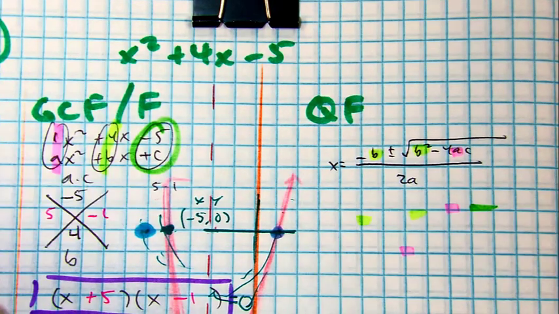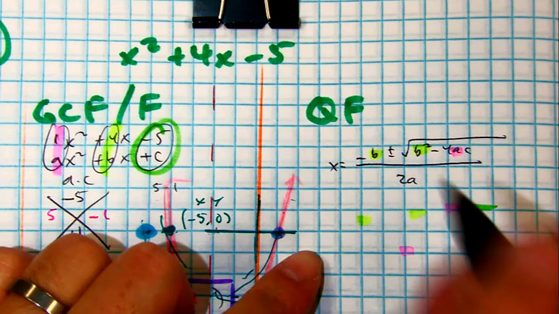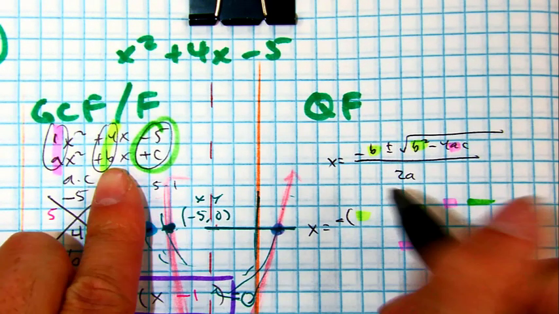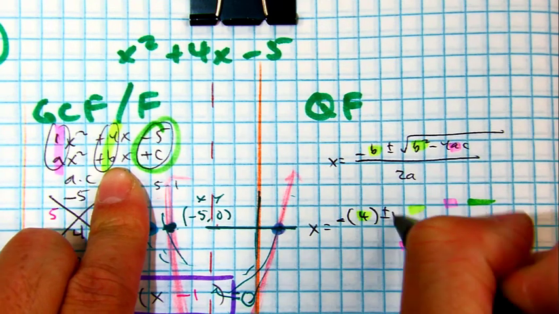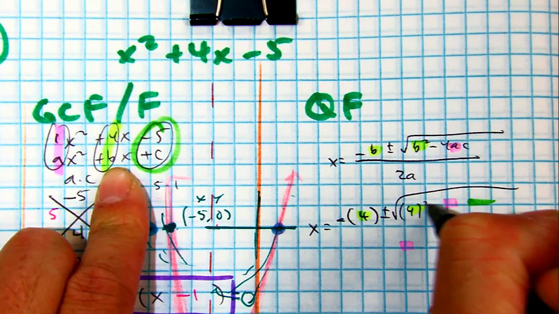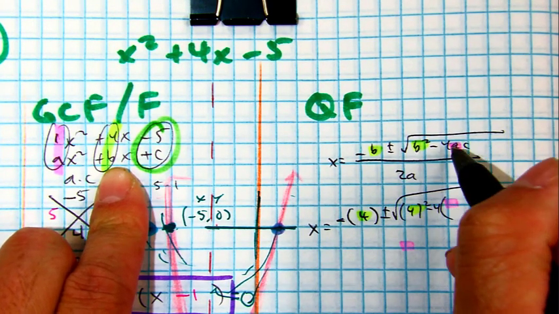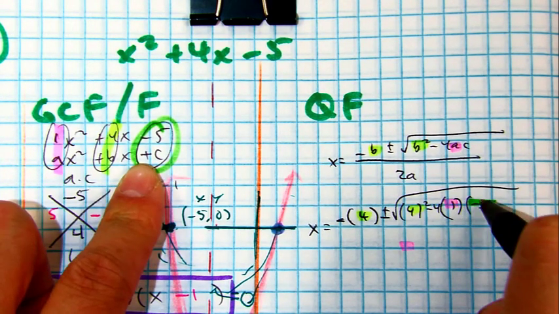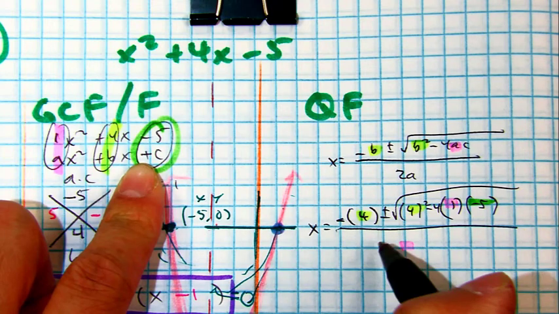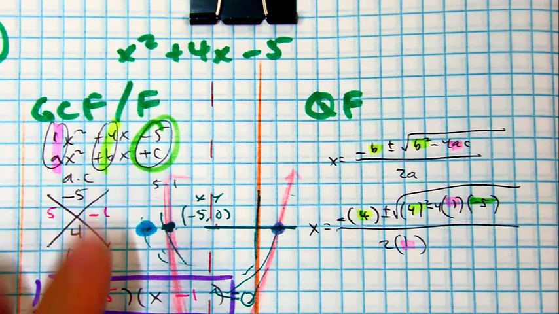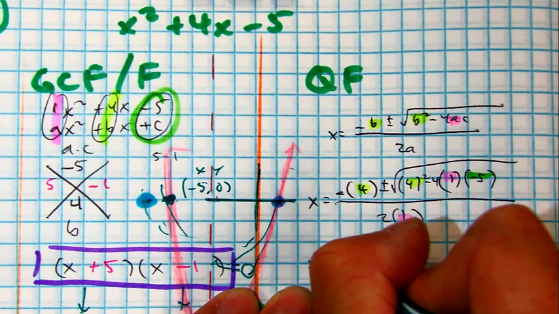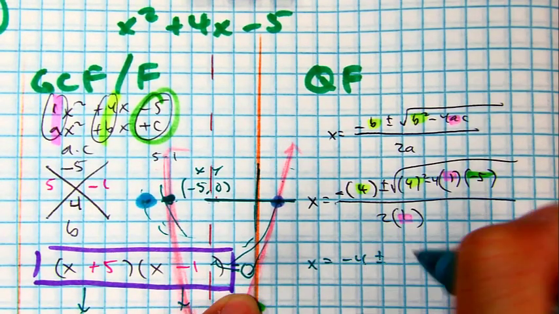Now, as I do my substitutions, which I'm doing in this step, I'm going to put them in parentheses. So a negative sign, my b value is 4. 4 squared minus 4 times my a value, which is 1, c value, which is negative 5, all over 2 times my a value, which is 1. x equals negative 4 plus or minus 16.